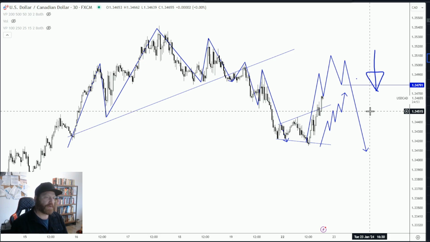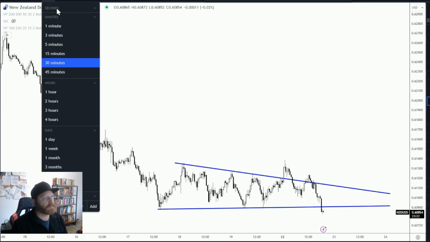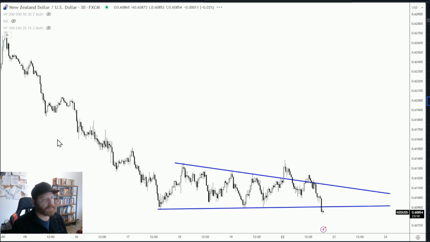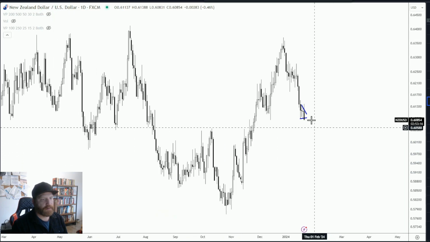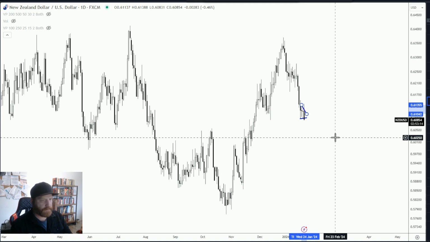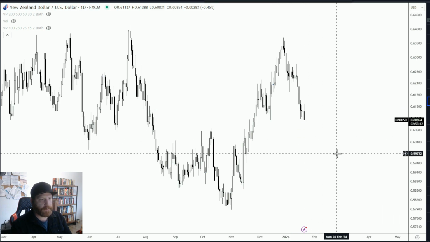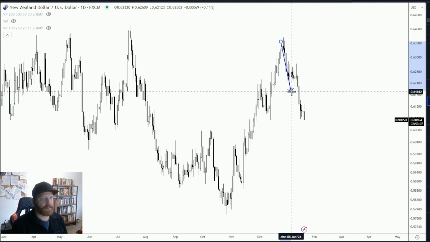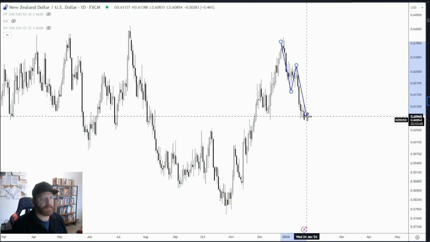So long story short, use highs and lows to make trend lines, but never lose sight of the bigger picture. For instance, let's say we go back to this New Zealand USD example. On the daily, what we see is that this is a downtrend.